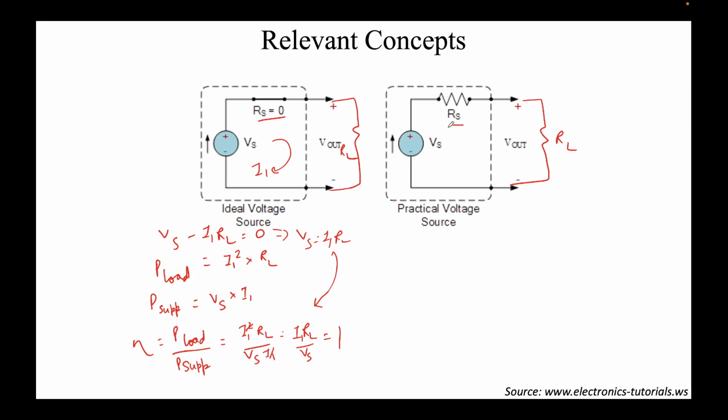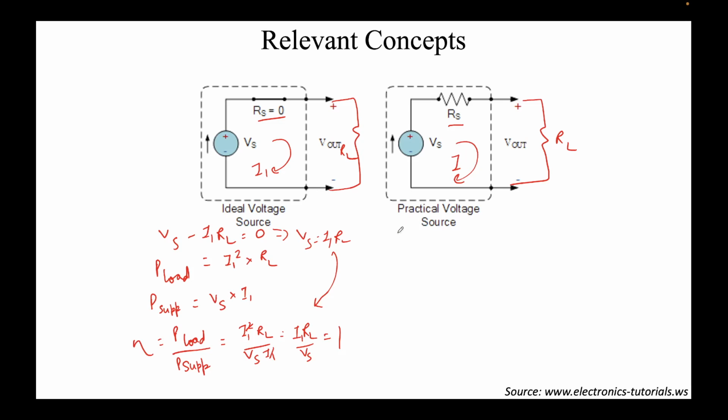We'll encounter something like this. There will be some parasitic capacitances and resistances that will give rise to a resistance of Rs. Now let's try to solve what kind of power efficiencies we get in this case. Again, let's assume that a current I is flowing through this circuit.